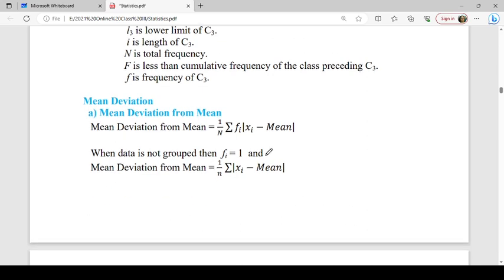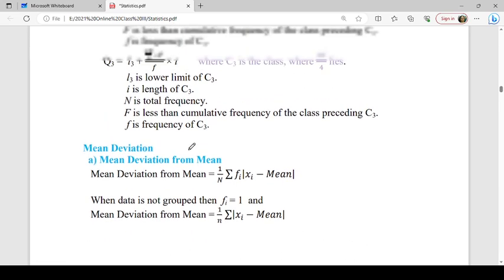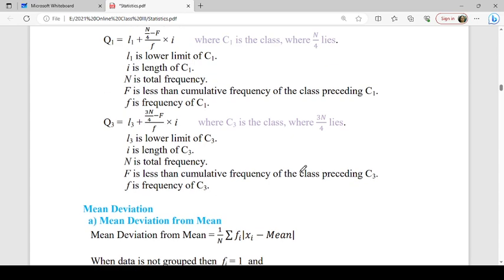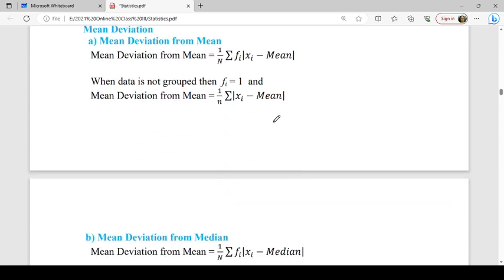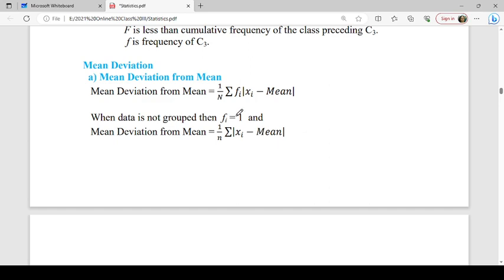And then mean deviation. Mean deviation is this one. These formulas are all for grouped data. This is the modulus of xi minus mean. It is absolute value. If we have a minus sign here, we have to omit this minus sign and only consider the positive value. If it is ungrouped data, then you just make fi equal to 1.